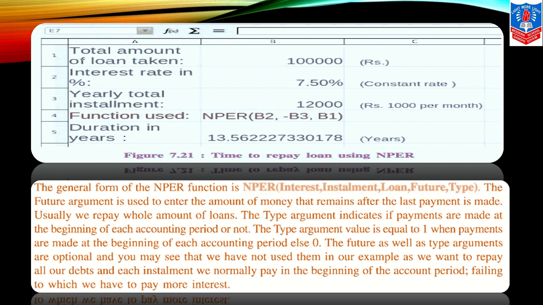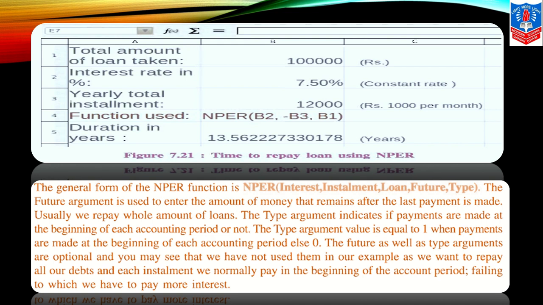We are using the NPER function and giving arguments B2, B3 and B1, as per the labels these arguments are given, children. Now, the duration in years we have found through the NPER function: 13.56222. You can decrease the decimal places. Approximately 13.5. The general form of the NPER function is NPER interest, installment, loan, future, type.